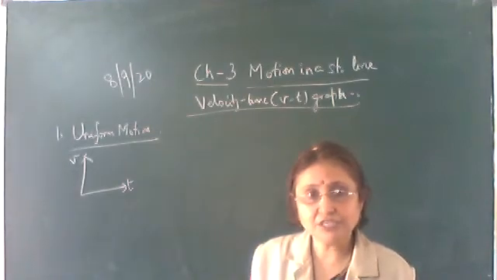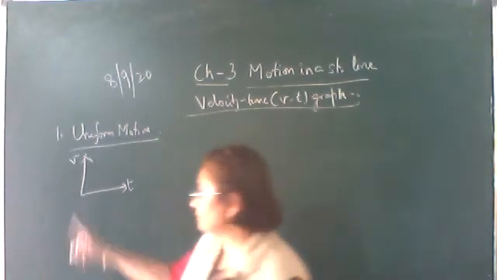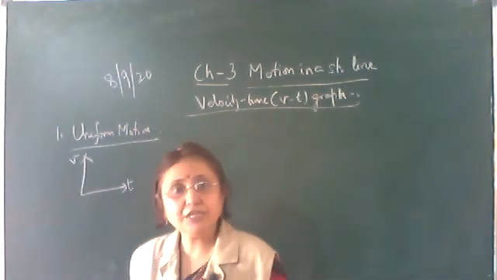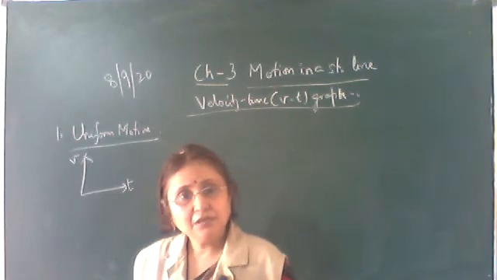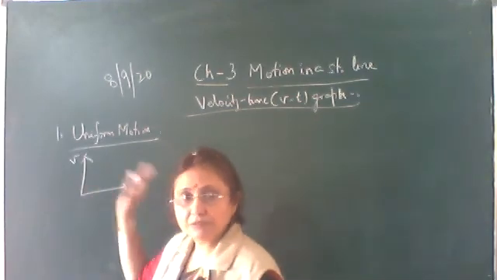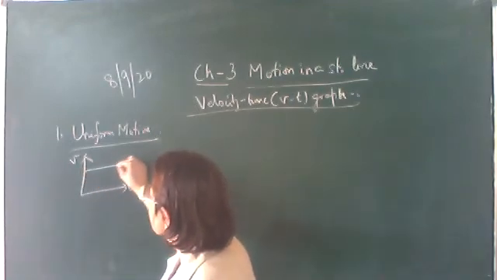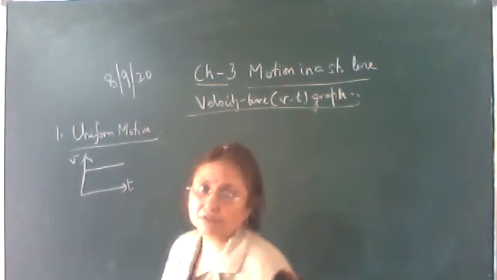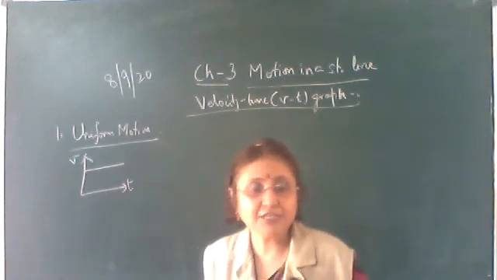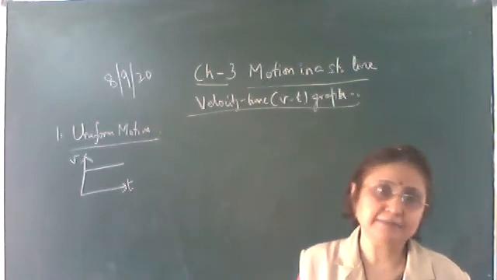The velocity is constant. With time, it is not changing. For example, if a car is moving with 20 kilometers per hour, after 10 minutes, after 20 minutes, after 40 minutes, the velocity is 20 kilometers per hour only. So the velocity is constant. So how will be the VT graph? It will be a straight line parallel to the time axis.